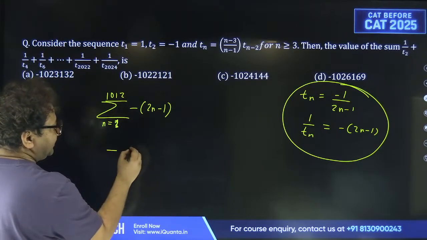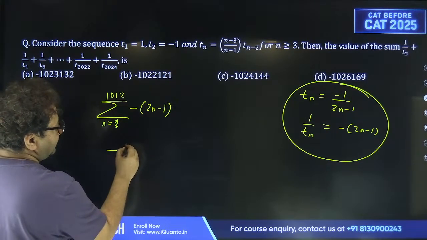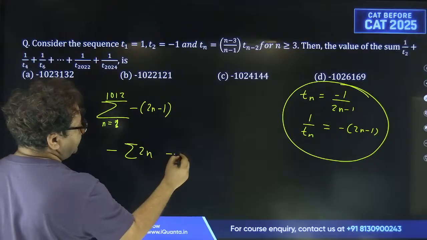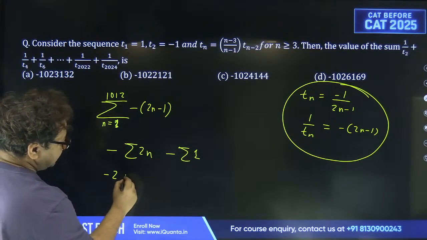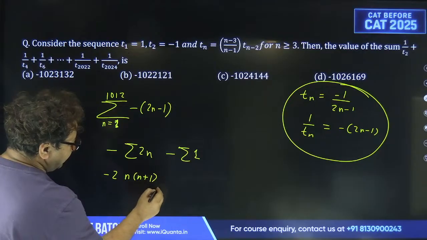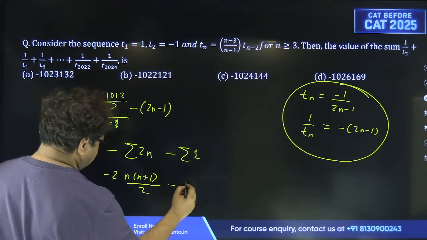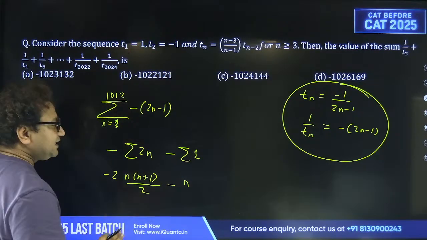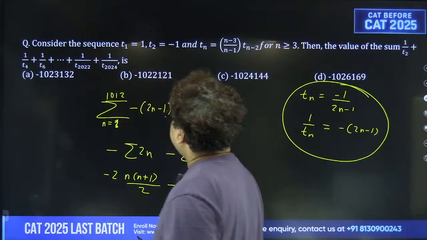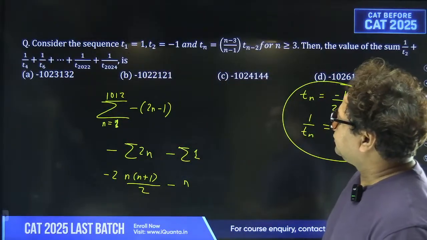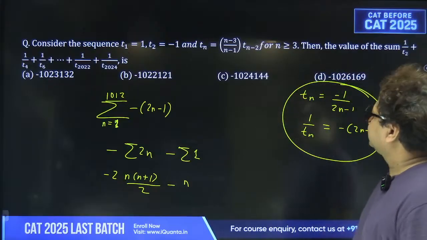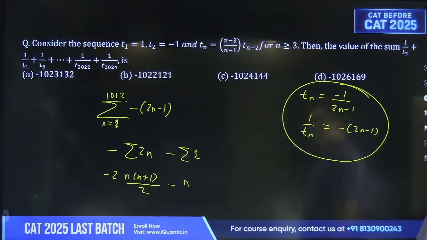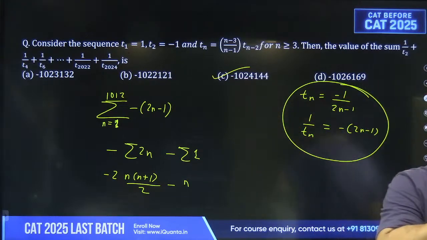Take the minus outside, and now we'll be left with sigma of 2n minus sigma of 1, which means minus 2 times n into n plus 1 by 2 minus n itself. Put n as 1012 and get the answer. It's 1012, okay. 624 should come at the end. This is the answer. C.